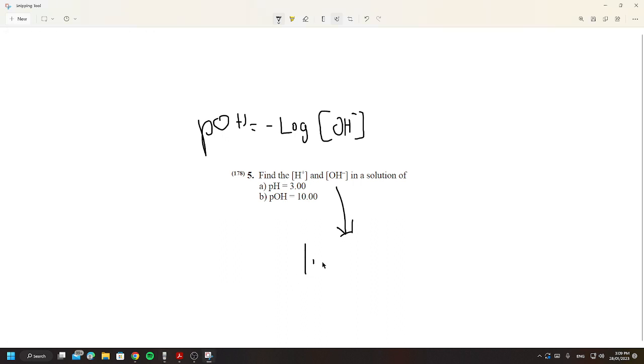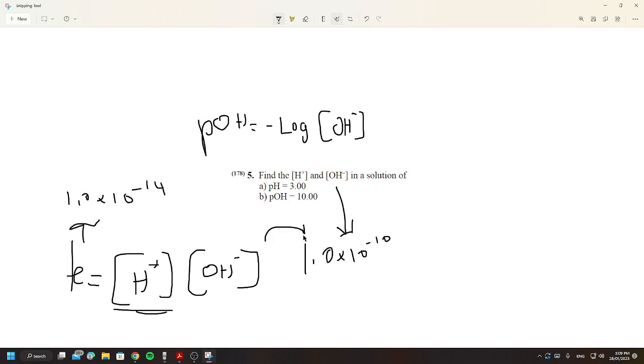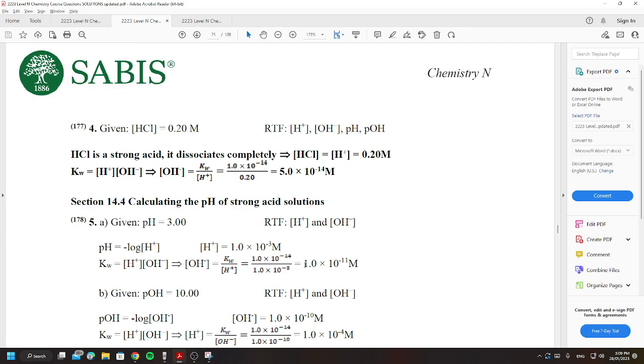Therefore, H plus is, if we apply the Kw relation, which is Kw equals H plus times OH minus, and we solve for H plus because we have Kw, which is 1.0 times 10 to the power of negative 14, and OH, which is this, you get H to be 1.0 times 10 to the power of negative 4.